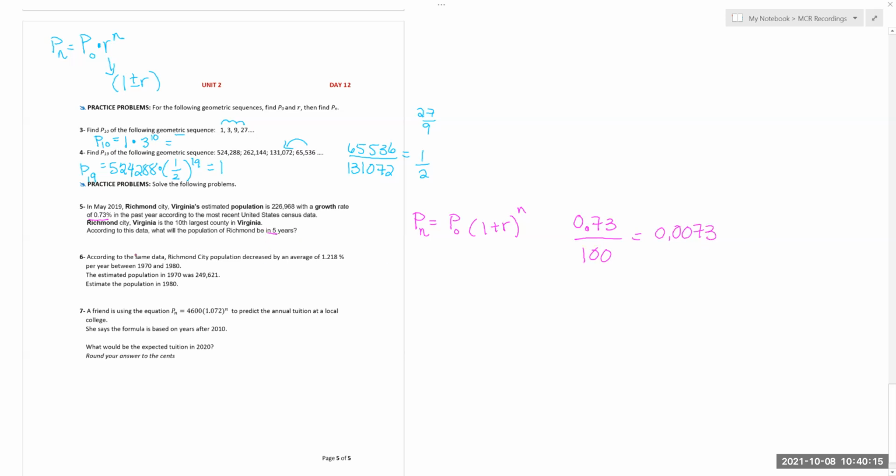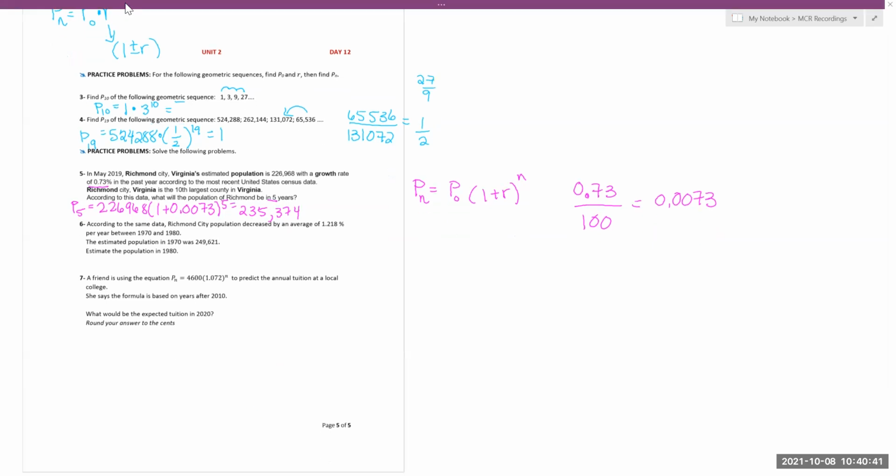So what will it be in 5 years? Okay, so P5 will be the original starting point times 1 plus that 0.0073 to the 5th power. So that'll end up being 235,374. And it should be growing, otherwise something went wrong.